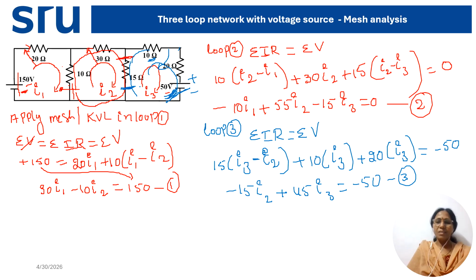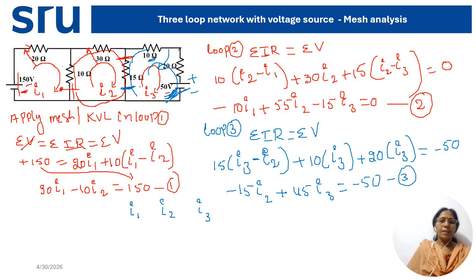Then how to enter these coefficients? Let me show the calculator and I will explain how to enter these values in calculator and how to get the solution for these 3 equations. See here, what are the unknown parameters? I1, I2 and I3 are unknown parameters.